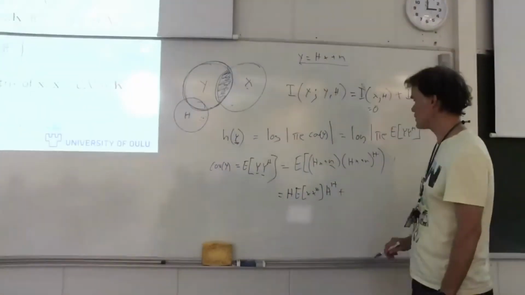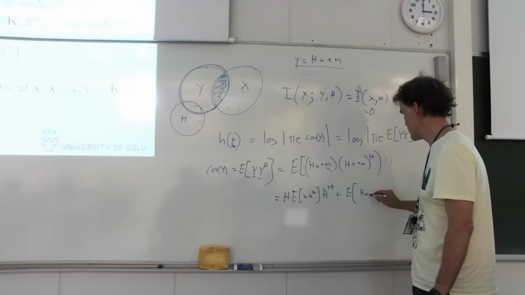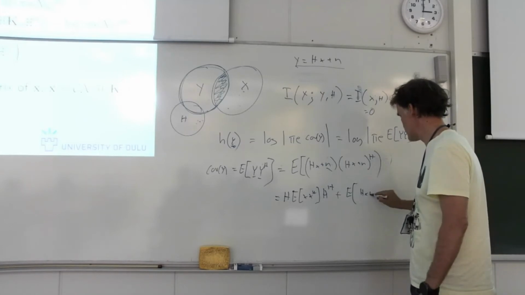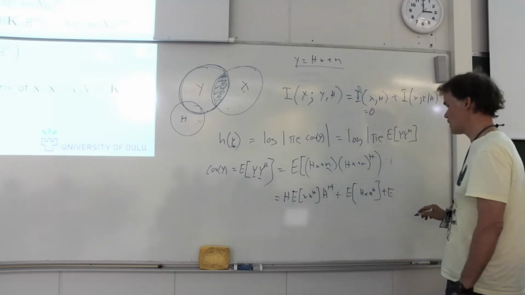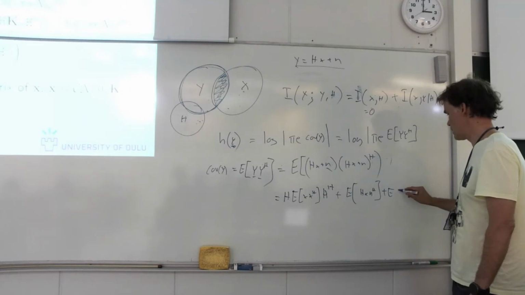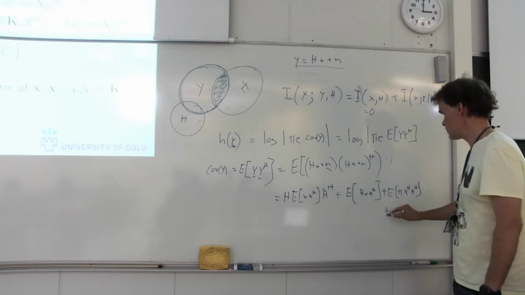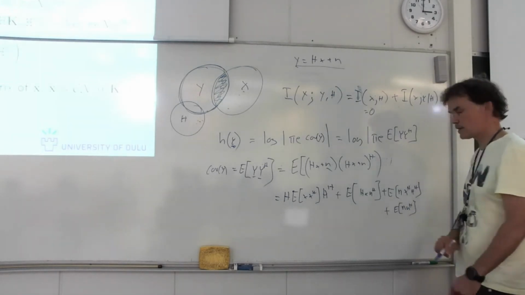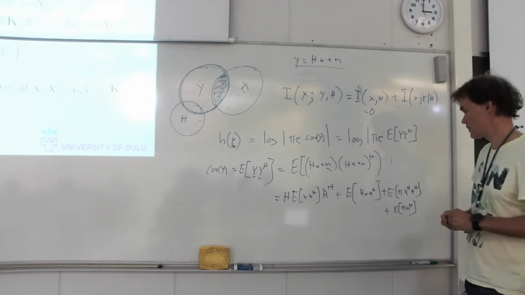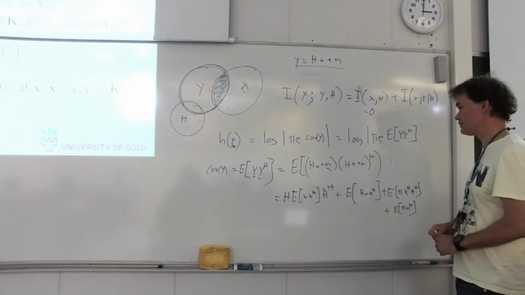Then we have these cross terms, the expectation of Hx times n Hermitian plus the expectation of n x Hermitian H Hermitian, plus then the expectation of n n Hermitian, just considering all these terms separately.